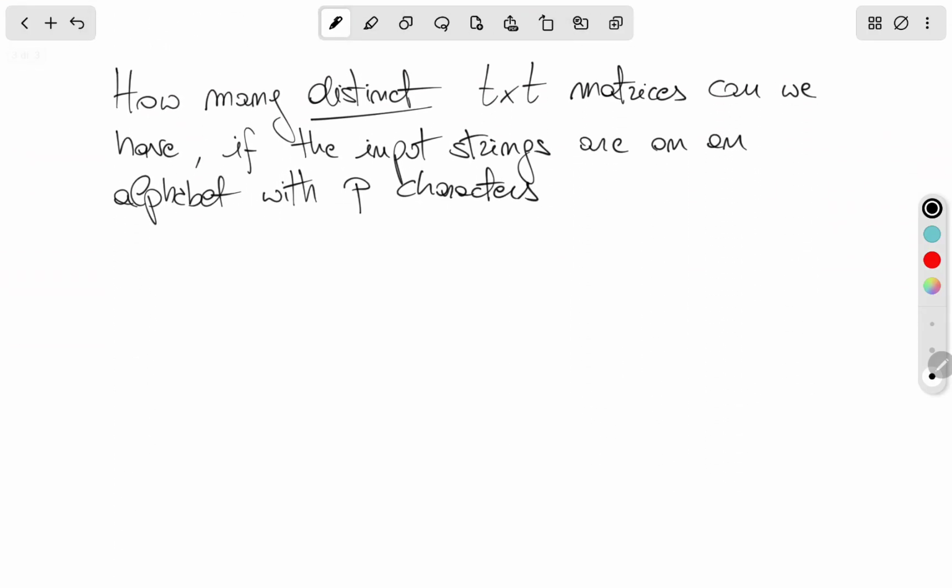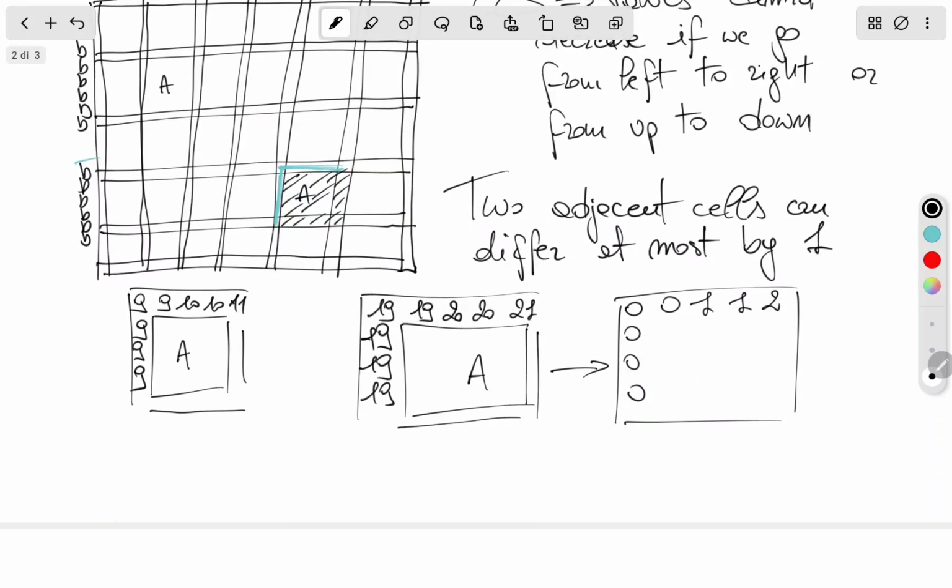So we need P to the T because of the T long substring of S1, and then the T long substring of the second string, so that's P possible characters, and so P to the T. Then you have to match. How many possible first rows, how many possible first columns can I have?